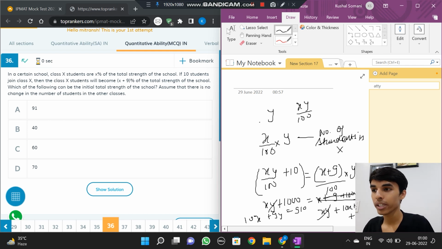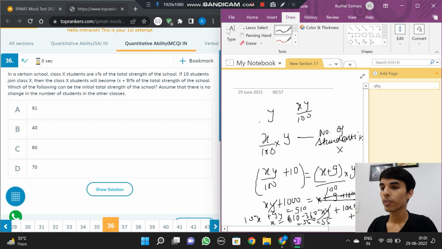When we take y as 40, we get 9 into 40, that is 360, and the value of x will be 910 minus 360 upon 10, that is nothing but 550 by 10, that is 55.